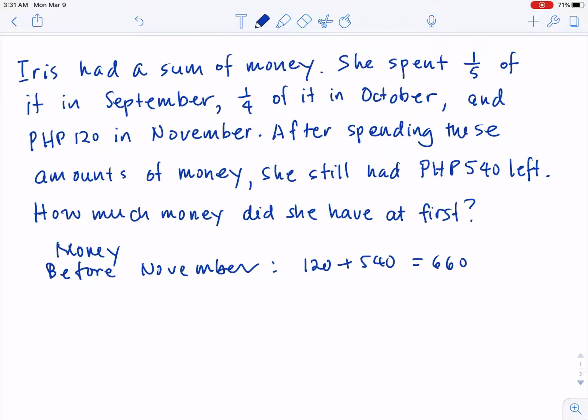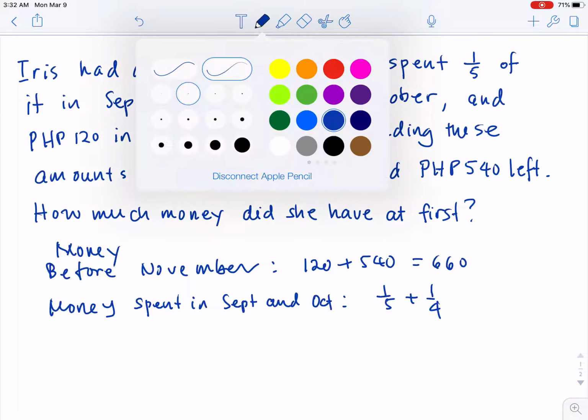So, meaning, ang na-spend niya ng September, October ay money spent, no? In September and October ay ano yun? 1/5 plus 1/4 nung original amount, diba?